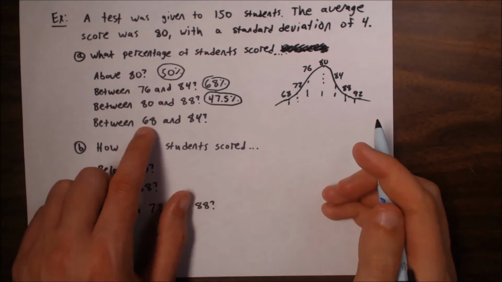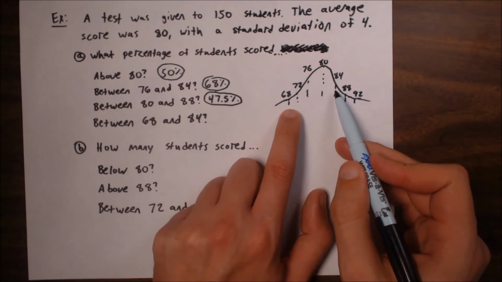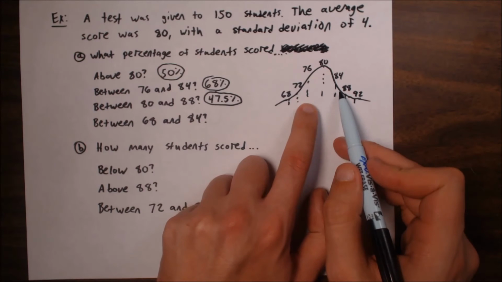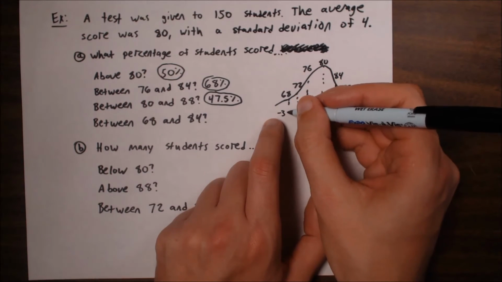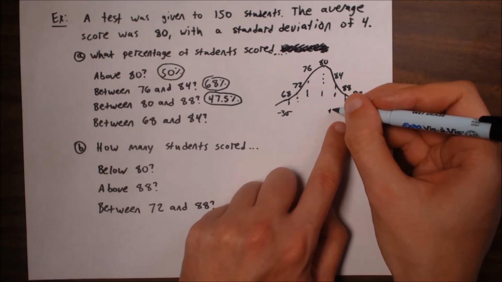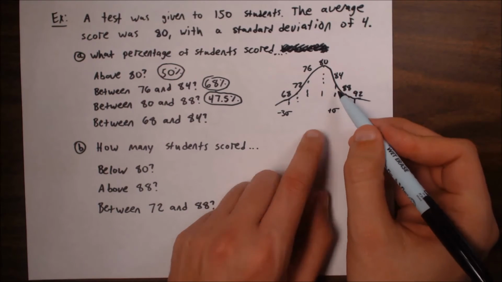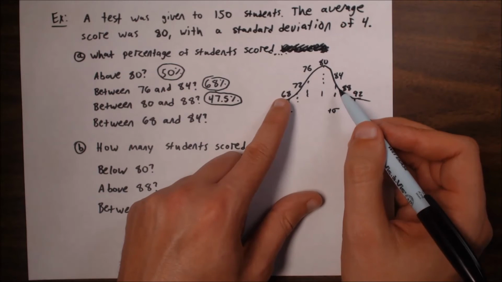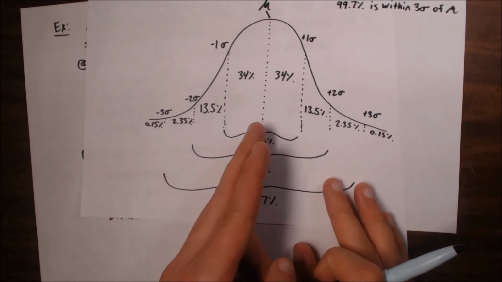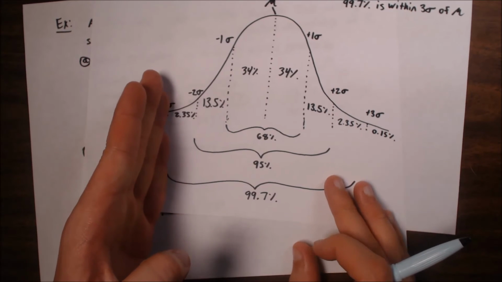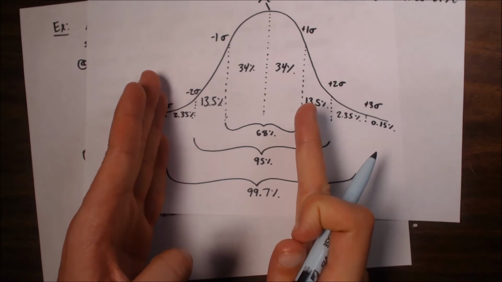Between 68 and 84. Well, here's 68 and here's 84. So that means we're going 1, 2, 3 standard deviations to the left. That's minus 3. And we're going 1 standard deviation to the right. Okay, between here. So there's a couple options again. We can either say, since we're going from 1, 2, 3, we're going from here to here. Okay.